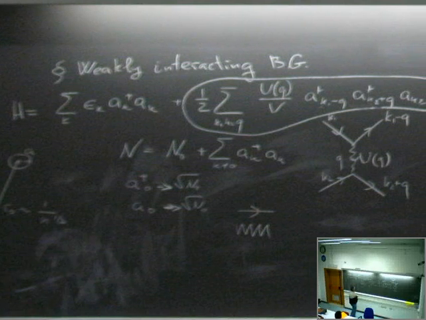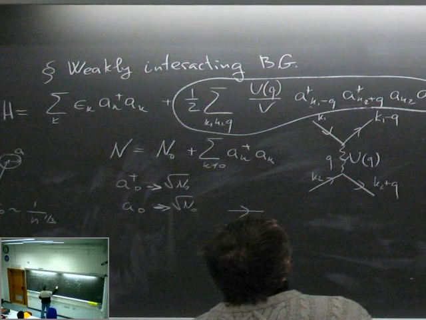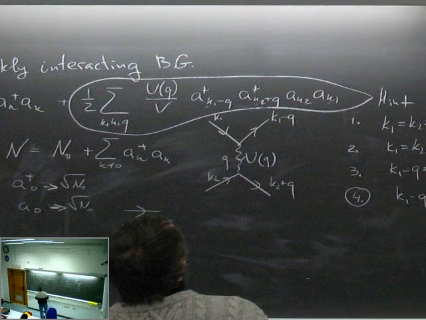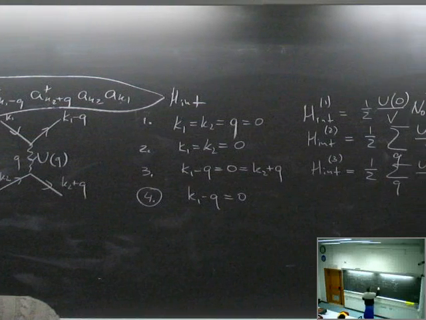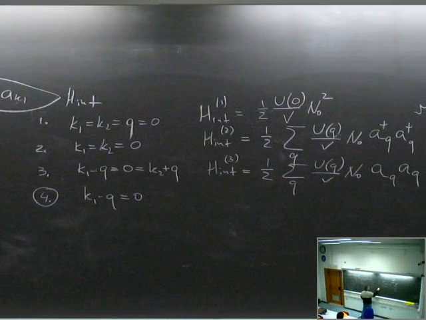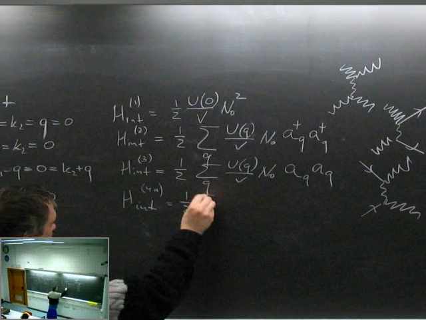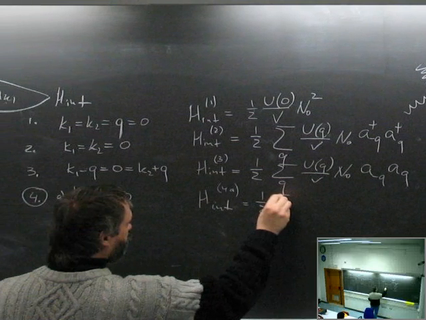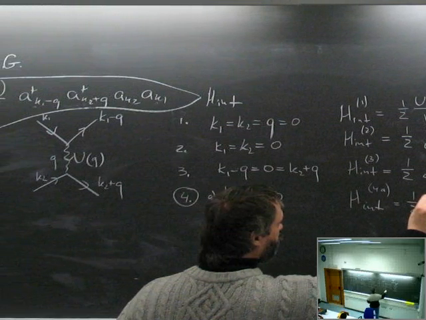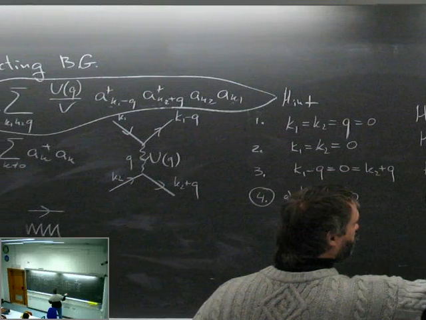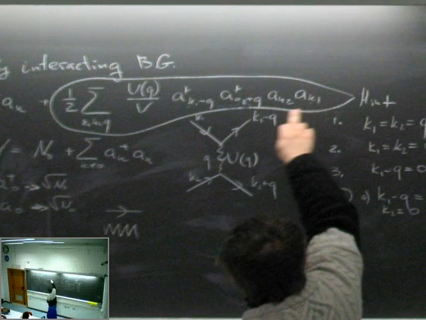Okay, let's consider the situation that K1 minus Q is equal to 0 and K2 is equal to 0. What I have then is that H interaction for A is equal to 1/2 sum over Q, U_Q over V, then a_0, of course, a_Q dagger, since K2 is equal to 0, and a_Q.